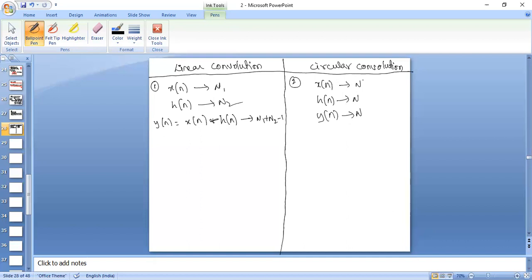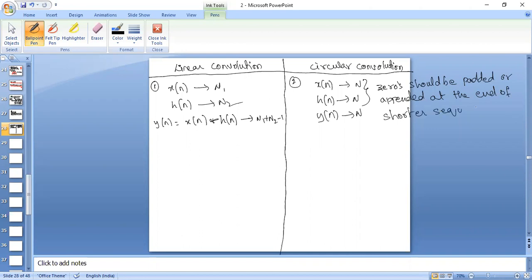If this is not the case, if these two signals are not of equal length, then zeros should be added or appended at the end of the shorter sequence in order to make the length equal.